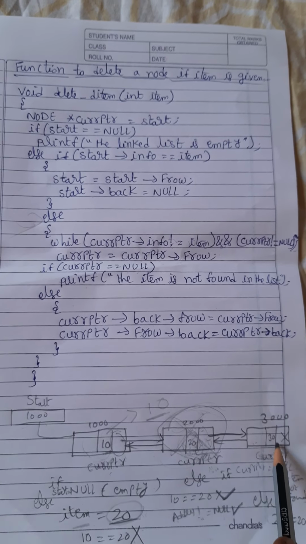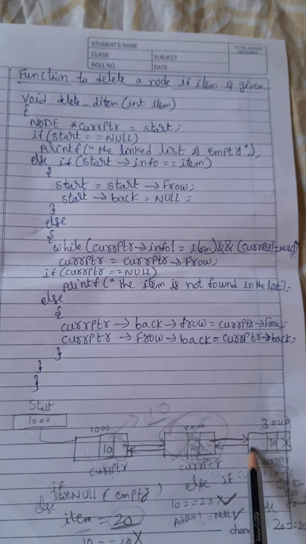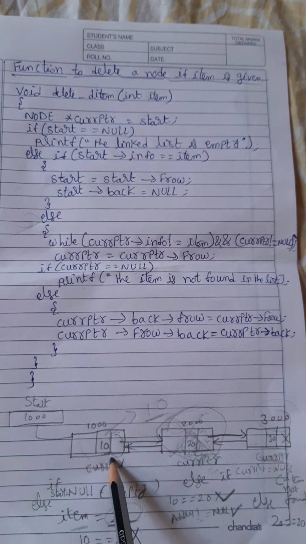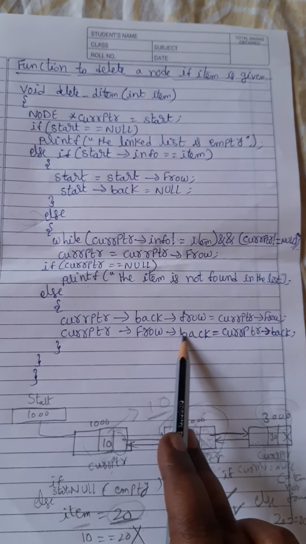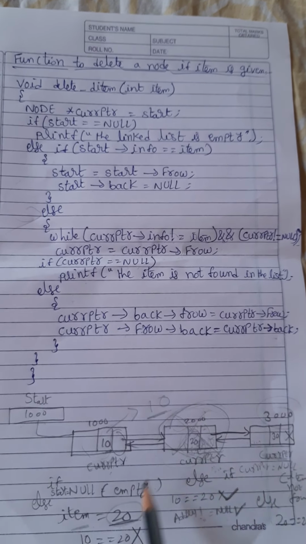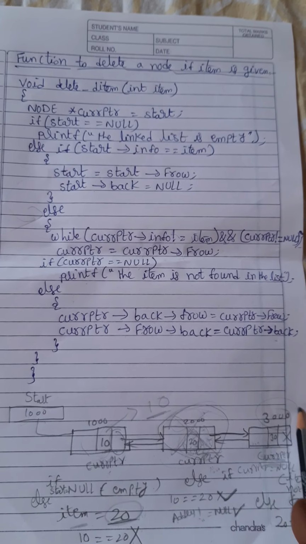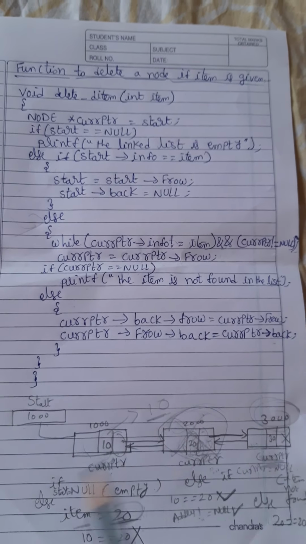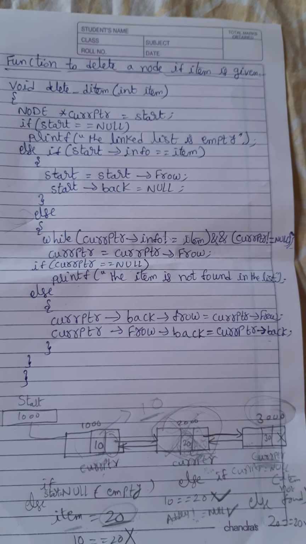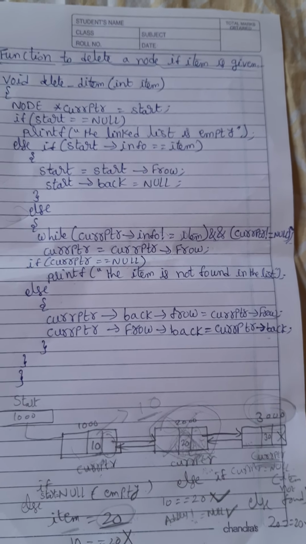Now this will become the current pointer. This current pointer address will come to the fro part. Then current pointer to fro to back equal to current pointer to back. Current pointer to back has to store the address 3000. This is the function to delete a node if the item is given.